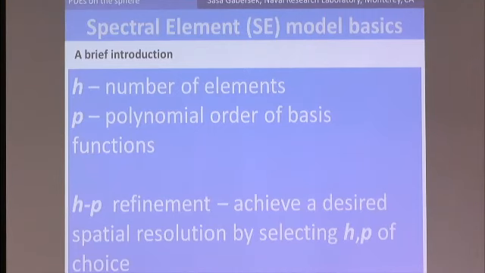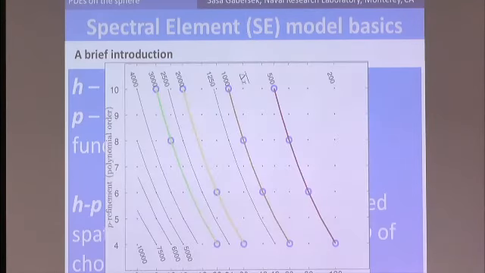If you want to achieve a desired spatial resolution, you can get there by either refining, increasing the number of elements, or increasing your polynomial order, or doing both. And I will show you in a second what I mean by that.